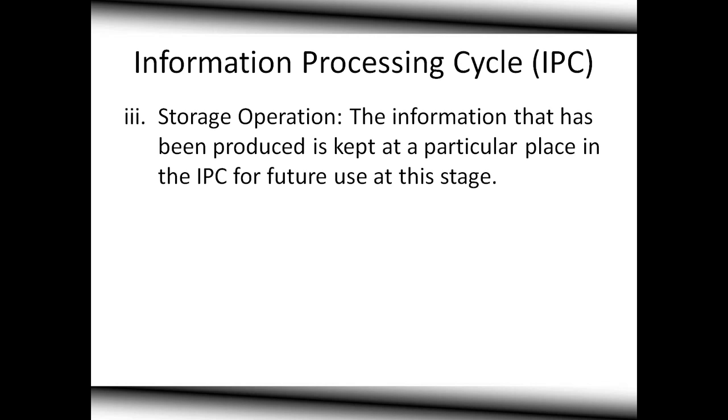Okay, it will be kept somewhere so that whenever we need it for future usage, we can easily go for it and then use it. So the third stage of the information processing cycle is the storage stage, because it takes the information from the processing operation stage.